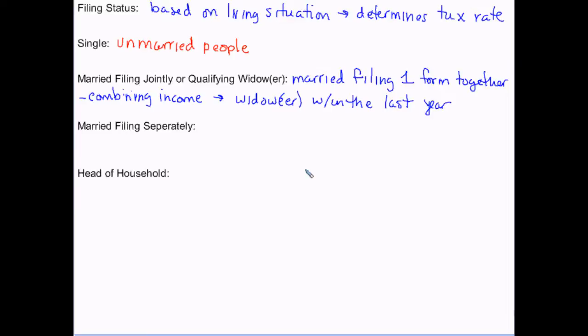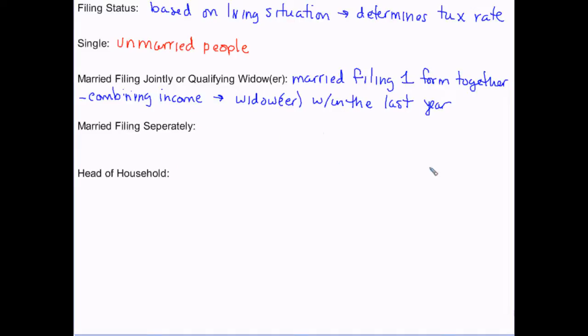And for some reason you guys were still working at 95, because you had lots of energy or something. They had income, and it needs to be reported on the tax forms. So you can still file married filing jointly instead of as single and pay the lower tax rate because you were together during that year.